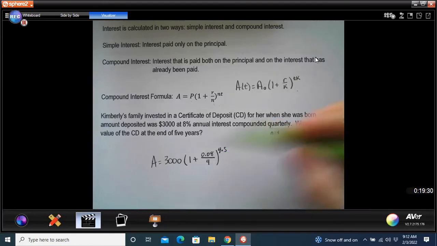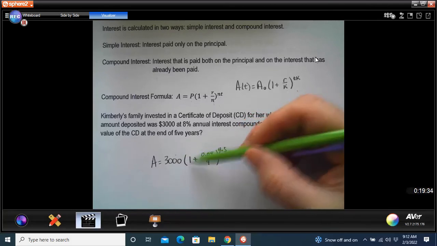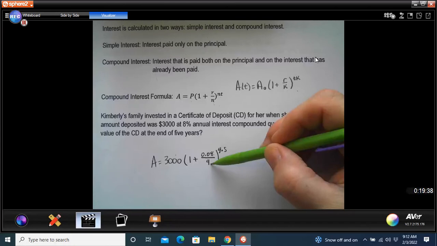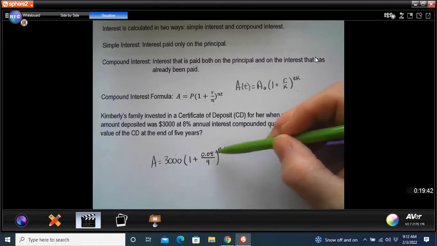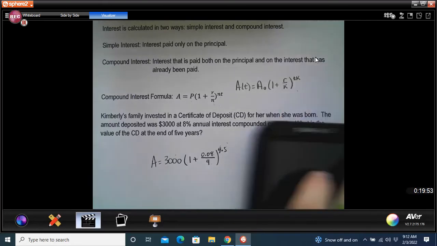Here's your P, your principal investment. Here's the 1 plus r, which is 8%, over n. N is compounded quarterly, so n is 4, to the n times t. So this is 4 times 5, because we're compounded quarterly for 5 years. Then we go to our calculator.